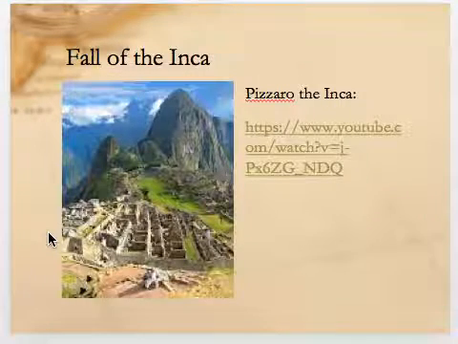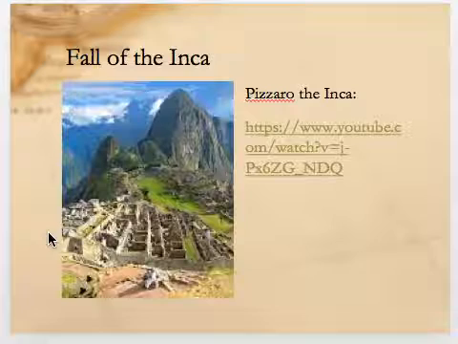And a good way to remember how this happened, there's a great book. I think it's by a last name Diamond. I believe it's Jared Diamond, and he wrote a book called Guns, Germs, and Steel. His whole thesis is that it was through technology and disease that Europeans were able to take out populations of millions of people with literally only a few hundred.